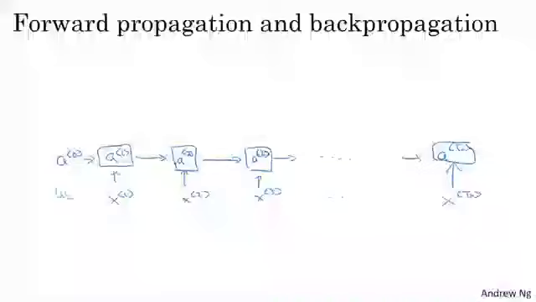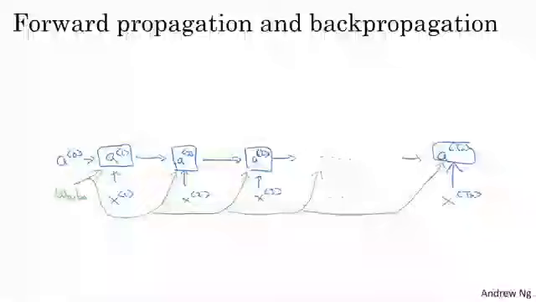Alright, and then to actually compute a1, you also need the parameters. I'll just draw this in green, Wa and ba. Those are the parameters that I use to compute a1. And then these parameters are actually used for every single time step. So these parameters are actually used to compute a2, a3, and so on. All the activations up to the last time step depend on the parameters Wa and ba.